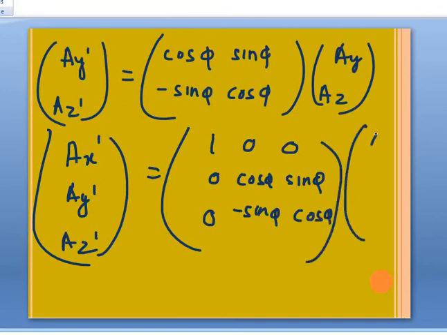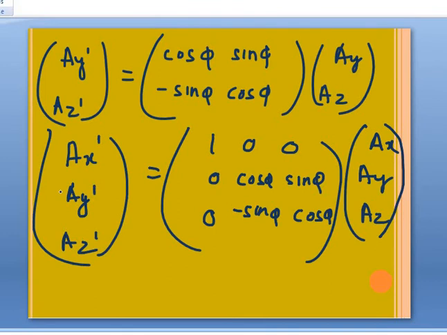This you can write as ax, ay, az, and you will get the same form as before. So this is the concept of our rotation matrix. See, here ax prime is equal to ax, ay prime will be the same as that. You will get cos phi ay plus sin phi az, and this you will get the same.